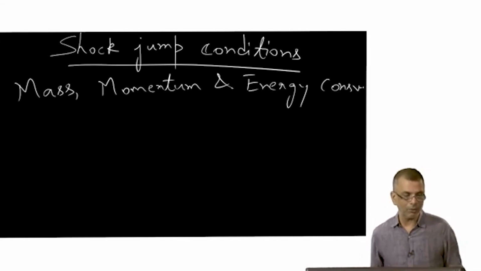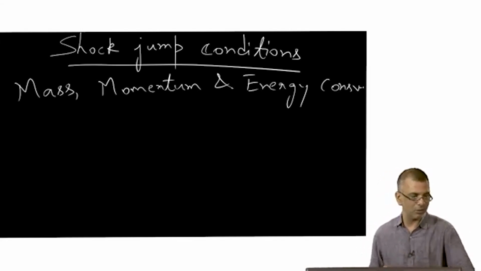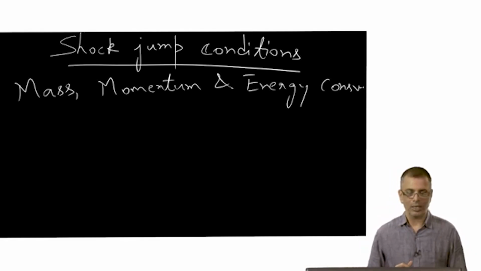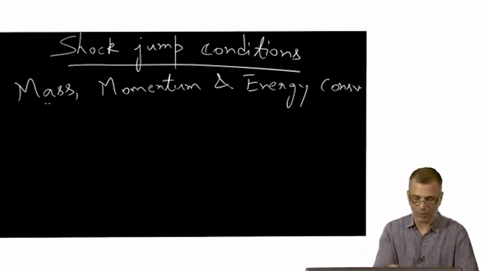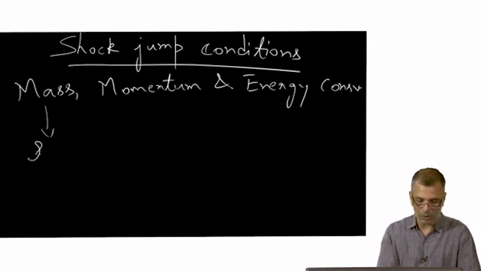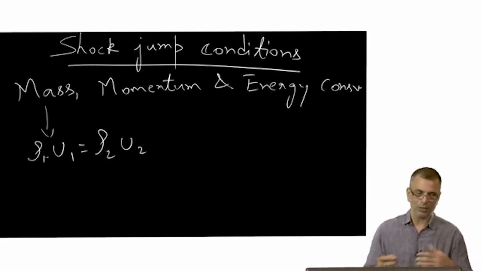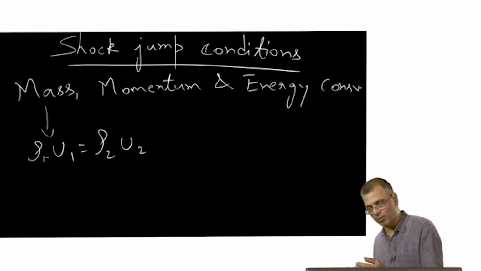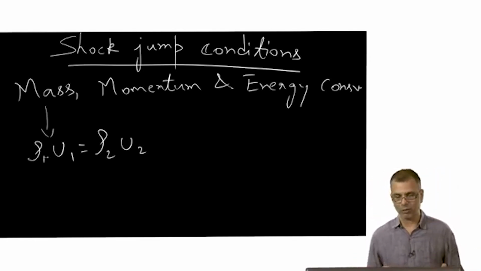Now we've done this earlier, but I thought I would introduce this to you in slightly different language. For instance, when we employed mass conservation, we said rho 1 U1 is equal to rho 2 U2, where 1 represents the upstream condition, 2 represents the downstream condition, and so on and so forth.